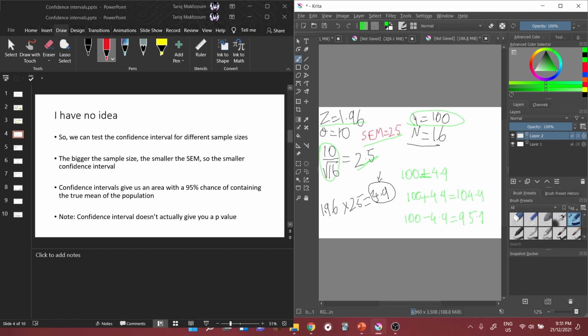Okay, so what we can do is take different samples of different sizes, and calculate the confidence interval for each.